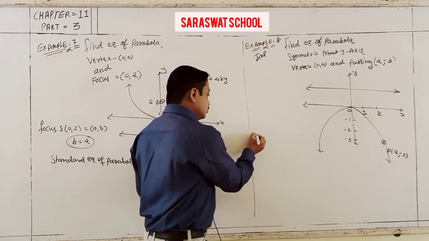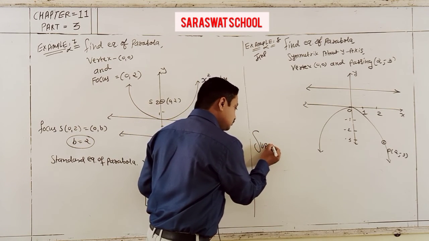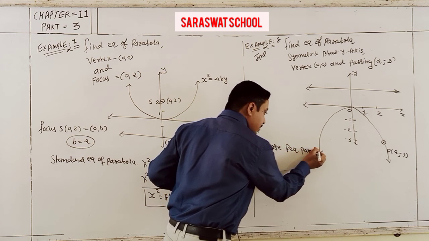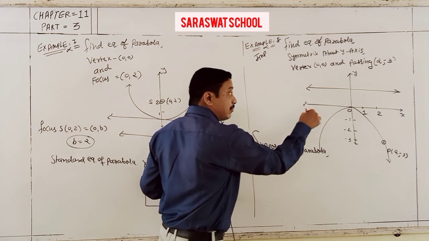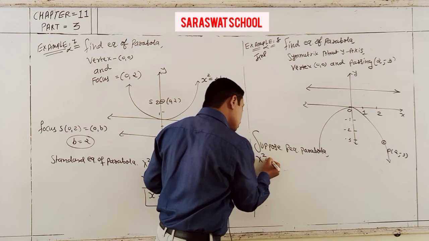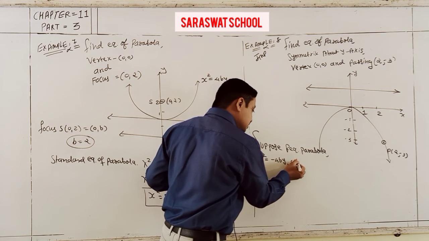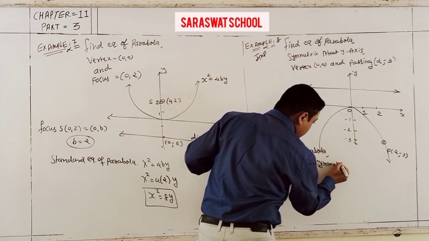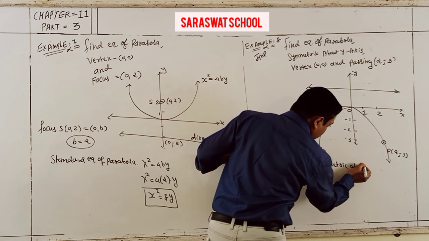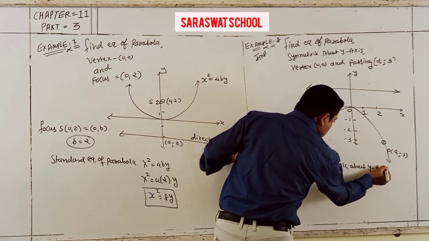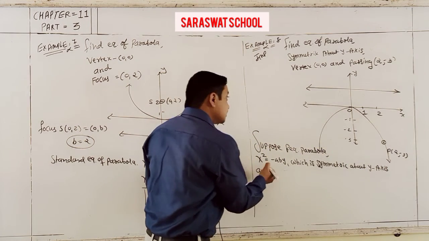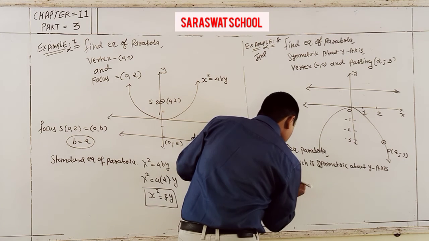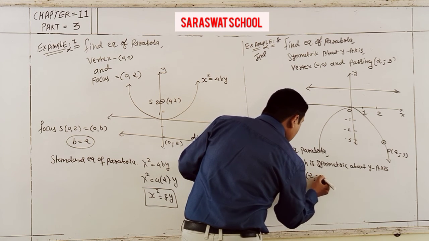But here we assume, suppose the required parabola. What was the parabola in the fourth case? x square is equal to minus 4by, which is symmetric about the y-axis, and passing through P, 2 comma minus 3.